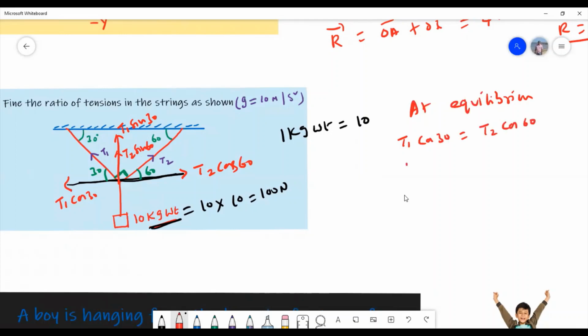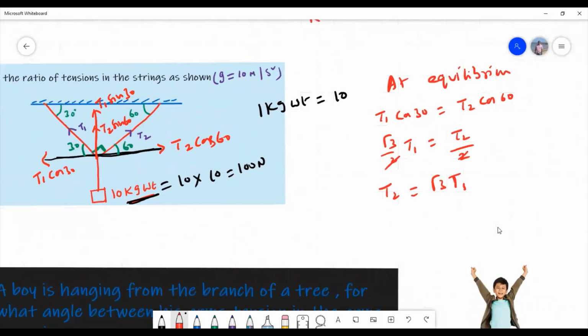Cos 30 is root 3 by 2, so root 3 by 2 T1 is T2 into cos 60, 1 by 2. So clearly T2 is equal to root 3 T1. If it is simply a ratio, I can directly write T1 upon T2 is 1 by root 3.